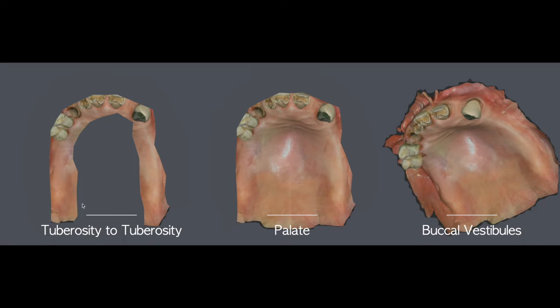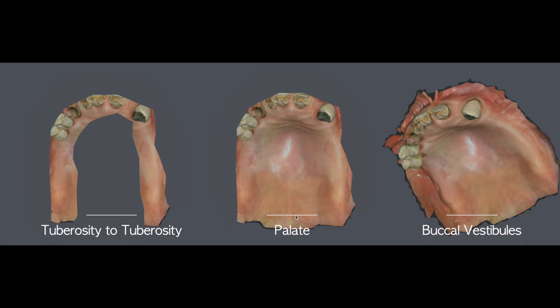So start from one side of the tuberosity, scan following the center of the arch, and end at the other side of the tuberosity. The second step, once you finish the arch scan, is to start from the center anterior and use a zigzag motion to scan the palate.